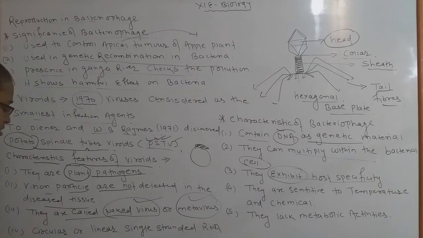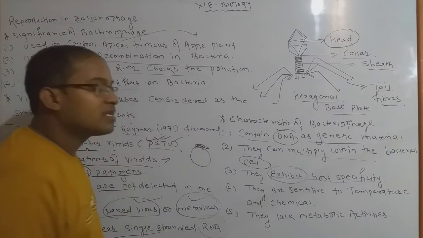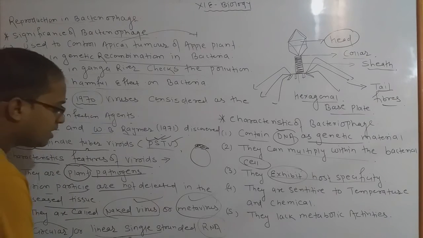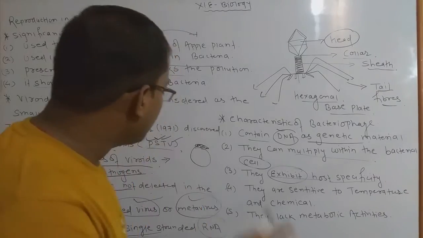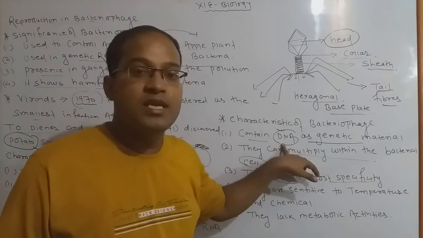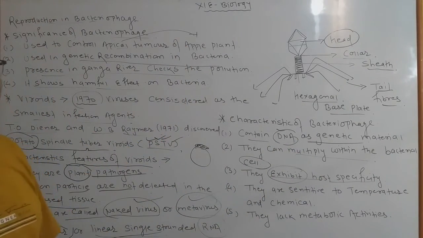The structure of viroids is generally circular or maybe linear, with single stranded RNA as the genetic material. In bacteriophage we have seen double stranded DNA. Here single stranded RNA is found as the genetic material.